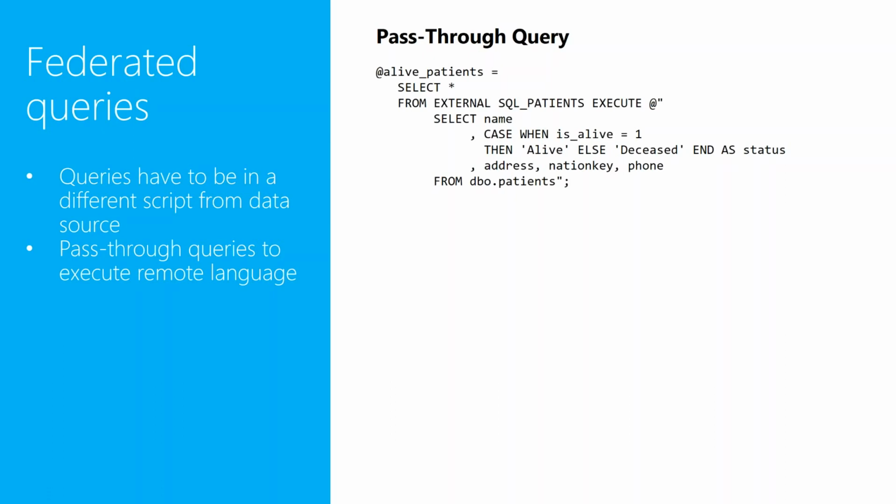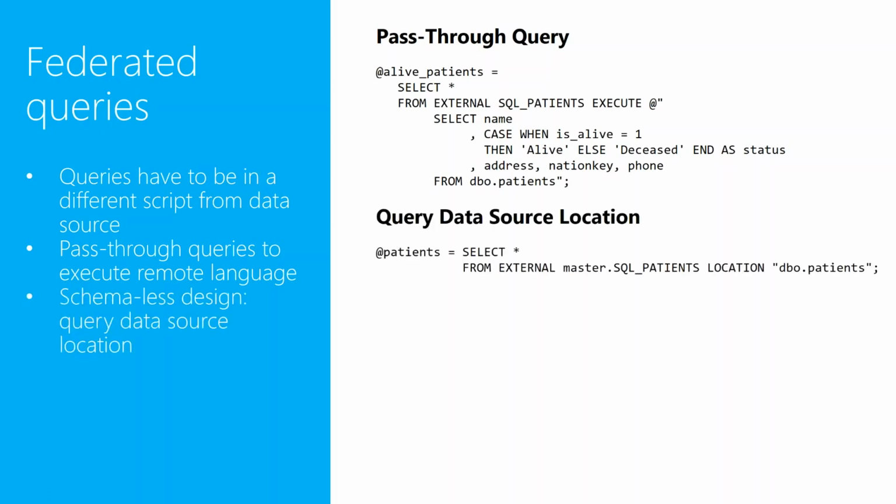So this gives you a lot of flexibility of running queries against your external data sources, even if you can't necessarily have a view or a table there. Note, however, it has to result in a row set, so you can't invoke stored procedures.